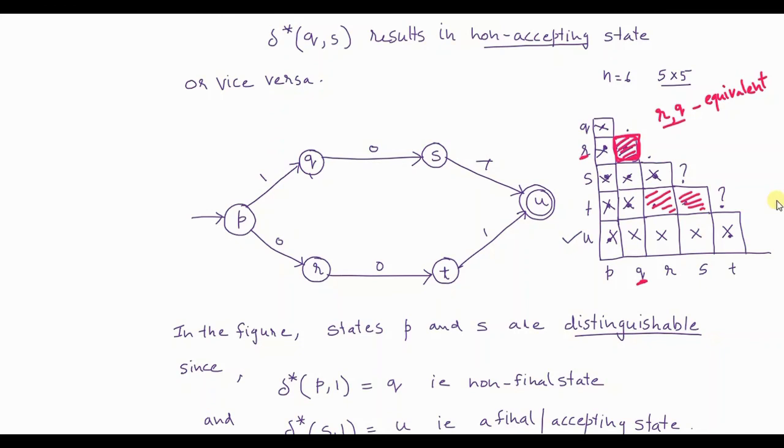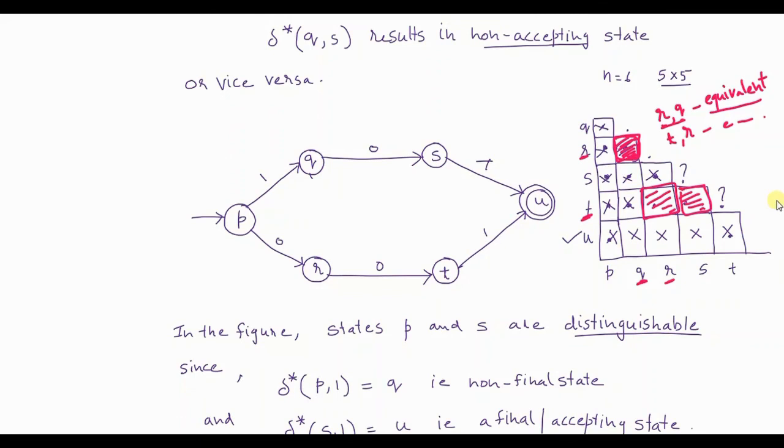So since R and Q were left unmarked, it means states R and Q are equivalent. Similarly, for this cell, suppose T and R were left unmarked. That means we were not able to mark this. It simply means T and R are also equivalent, and so on. So this way we will find out which are the equivalent states.